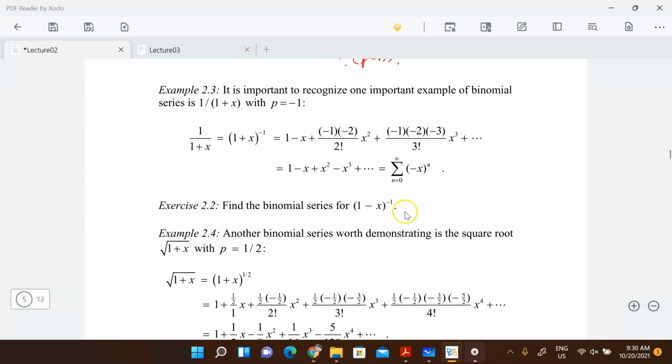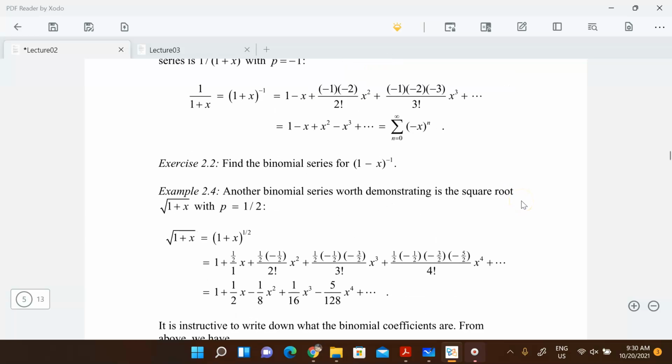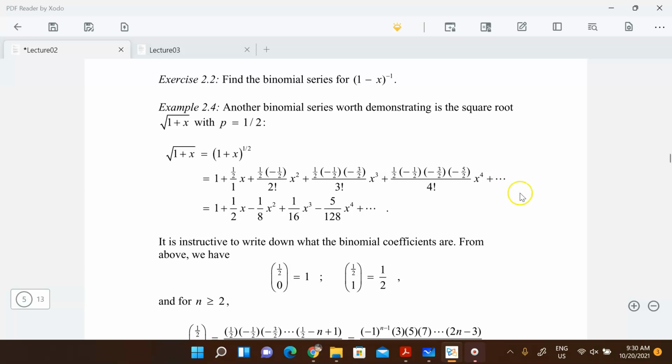Okay, so not just negative integers, you can also do this for other cases, though again there must be some conditions over here. I can't remember precisely what. So here is the case of p equals a half. Again you expand it.